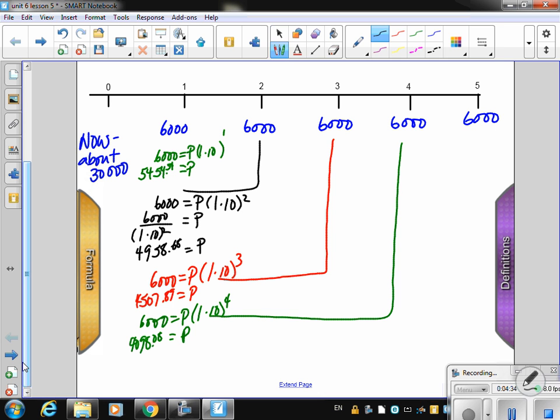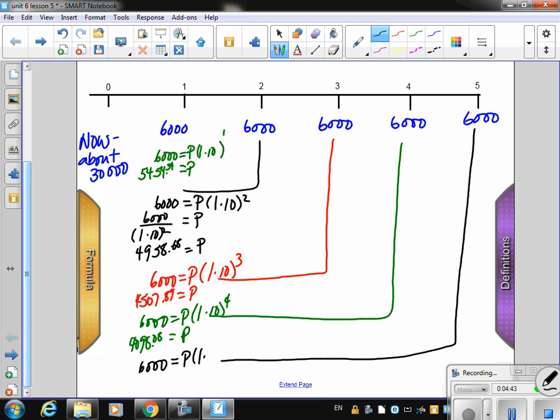And the last, to get the last $6,000, he'll have to invest even less. 1.10, and it's going to wait for 5 years. That would be $3,725.53.